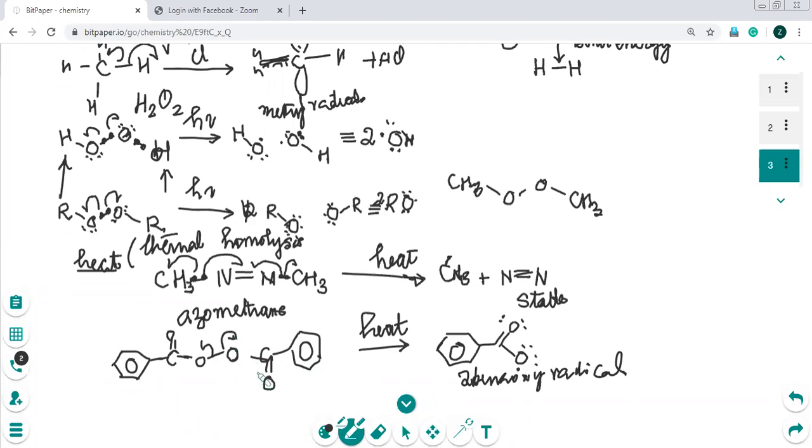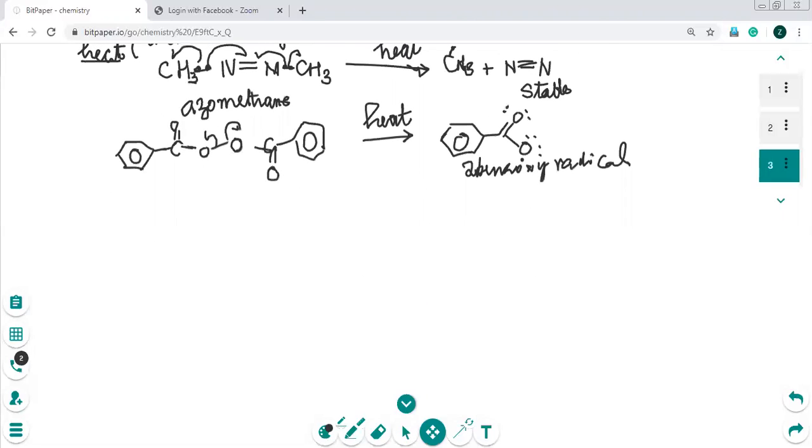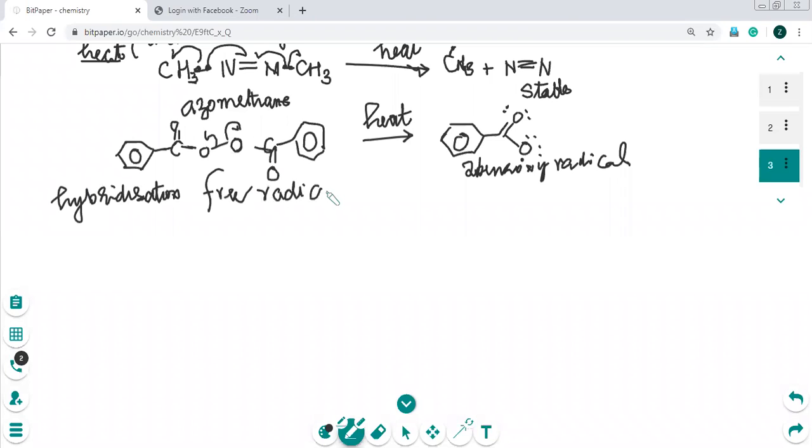Now let's look at the hybridization of this molecule. Structure, stability, and hybridization. So let us write hybridization of free radicals.